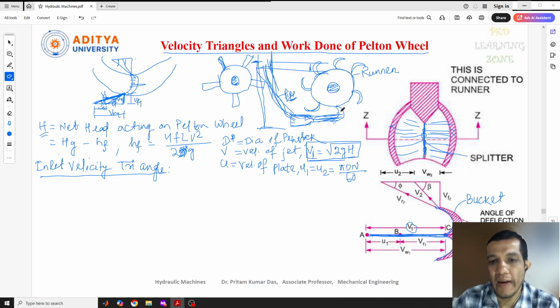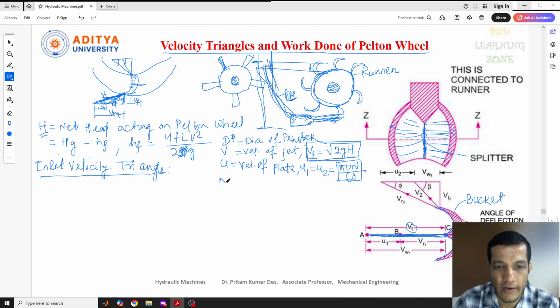The plates or blades are fixed on the runner, so when the blades rotate, the runner rotates, because all are fixed. This speed is calculated by the formula pi d n by 60, where n is the speed of the wheel, or speed of the runner.